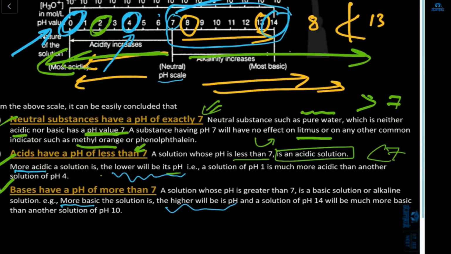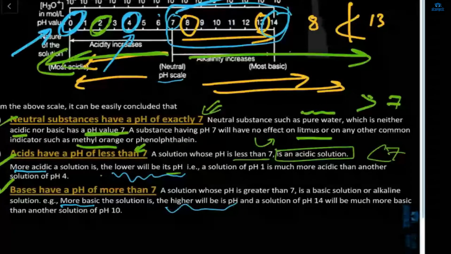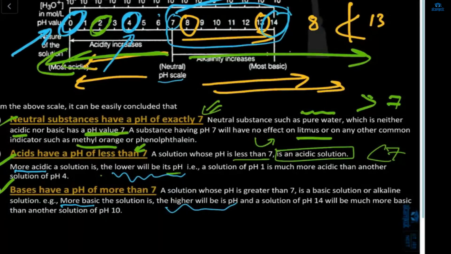So you got it? Why am I saying the more acidic, the lower the pH value? Can you please explain, Ria? Why is the pH value low when it is more acidic? Shazan, you tell me first, and then Ria will. Ma'am, can you repeat? Why, the more acidic a solution is, the lower your pH value. Like why?